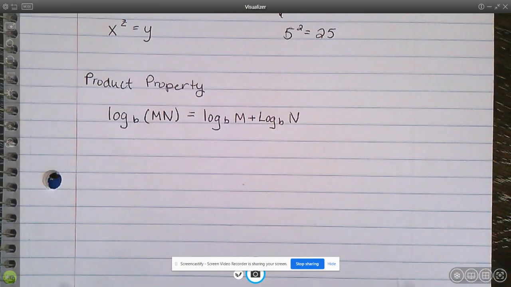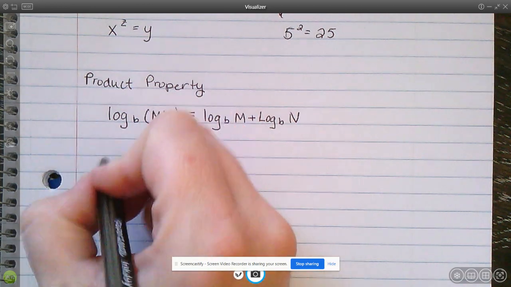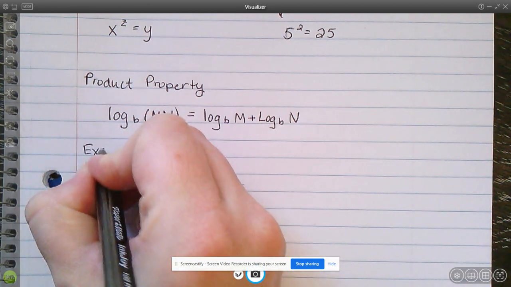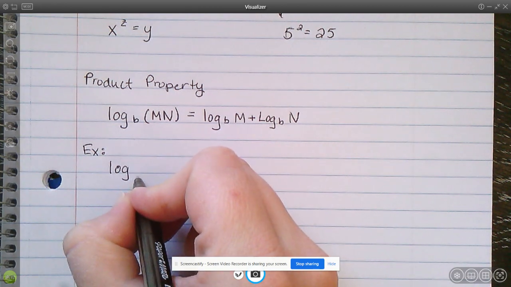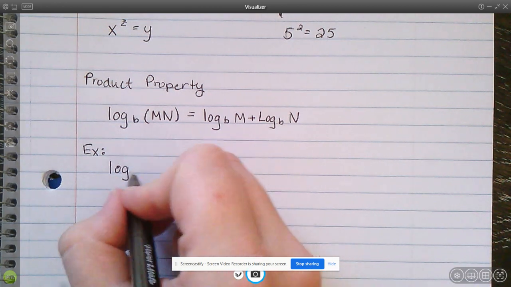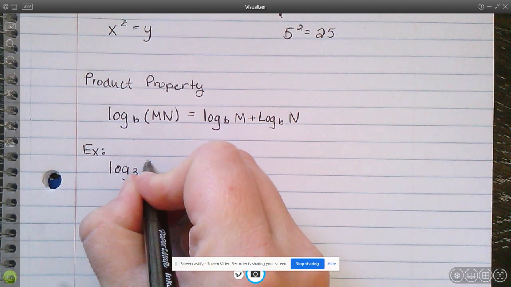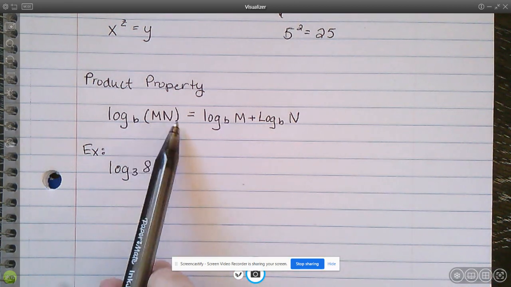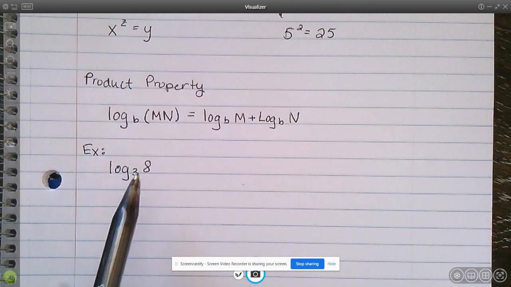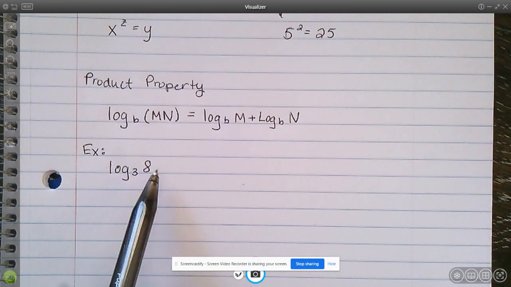And an example, if we have log base 3 of 8. So now notice how this says m times n, but this just says 8. How can you rewrite 8 as a product?